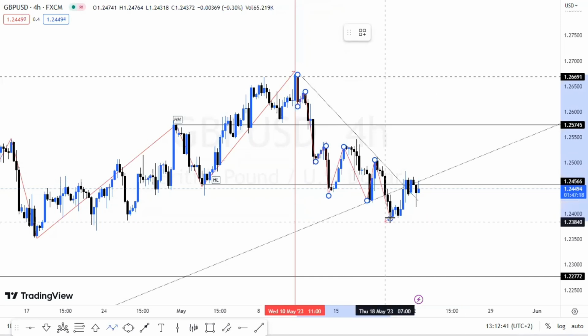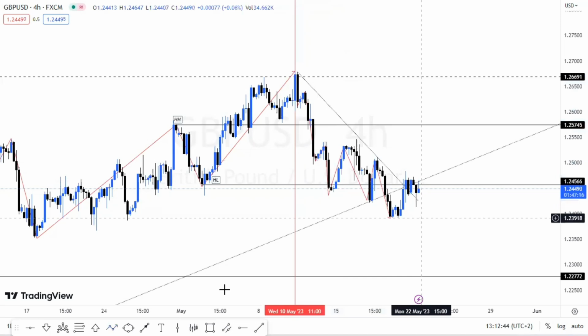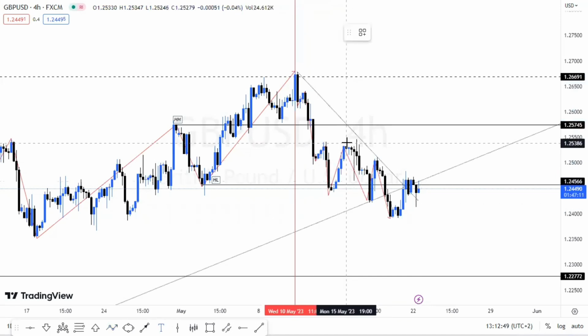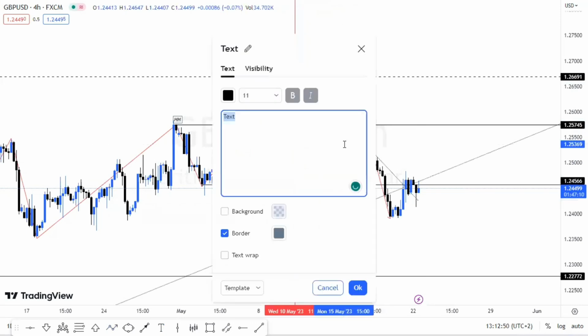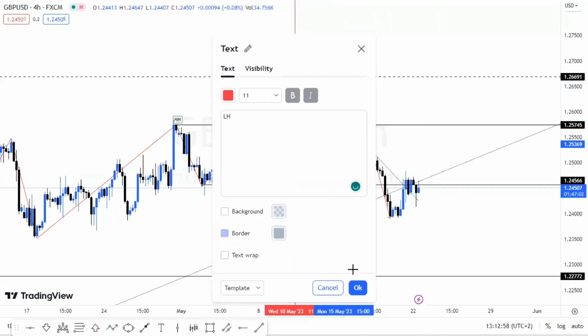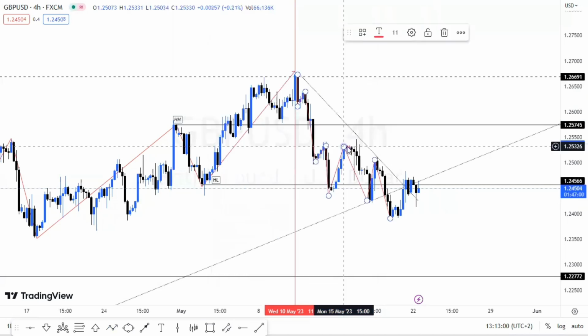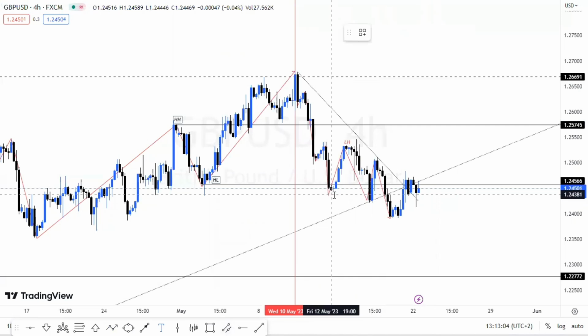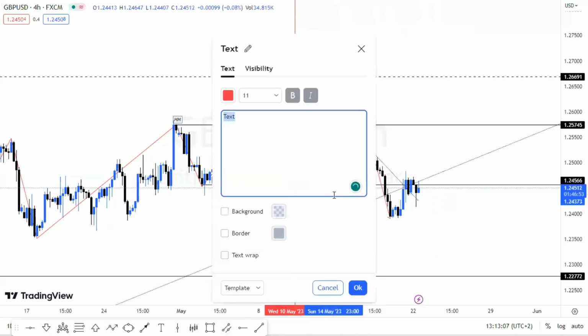So now we question the trend. We're like, okay, if this is how the market is looking right now, can we really say we are looking for buys or sells? Very important question, because the dynamics are changing in the market.